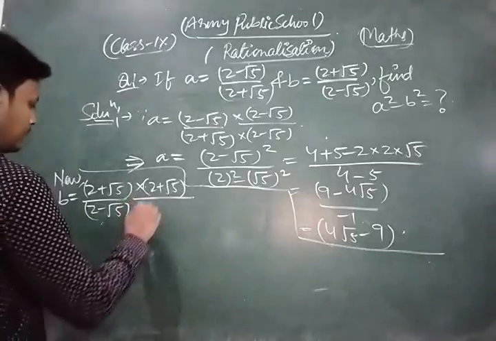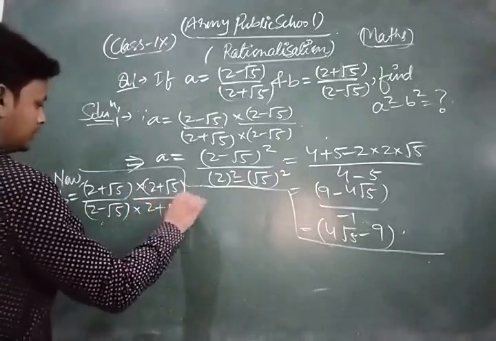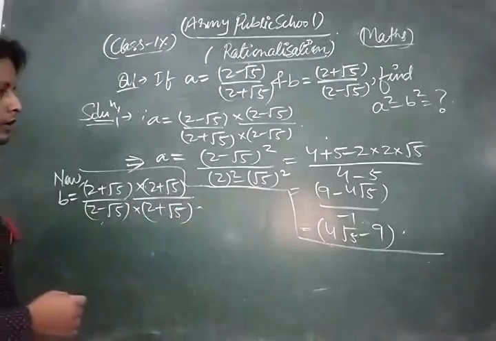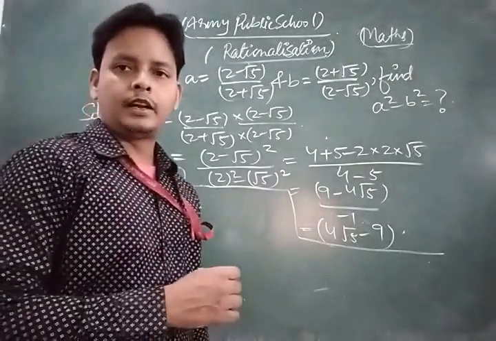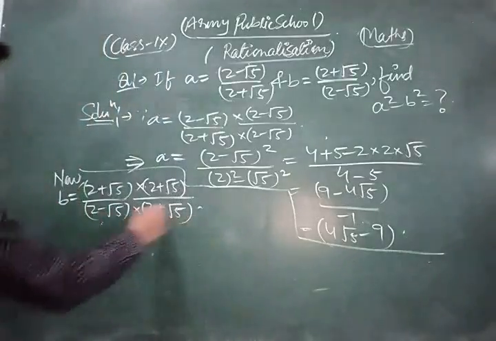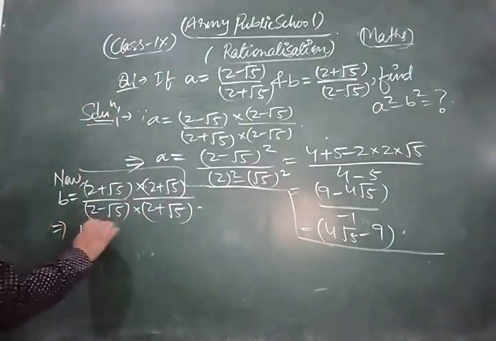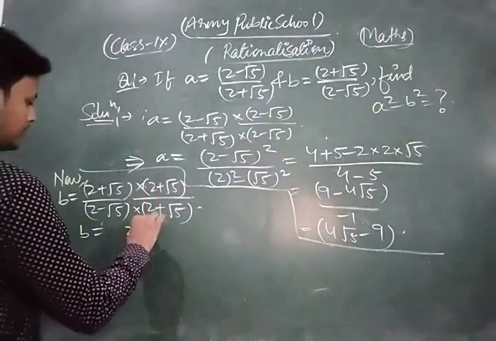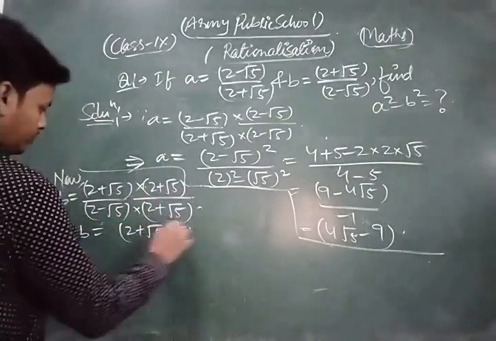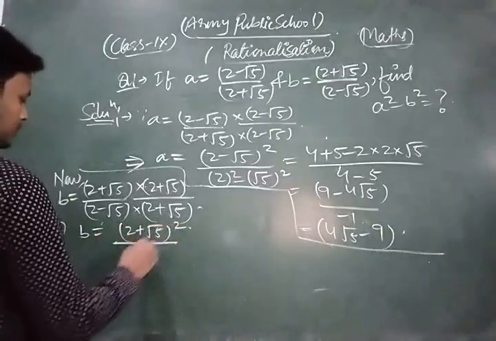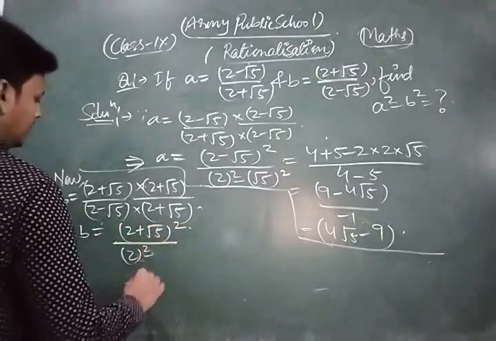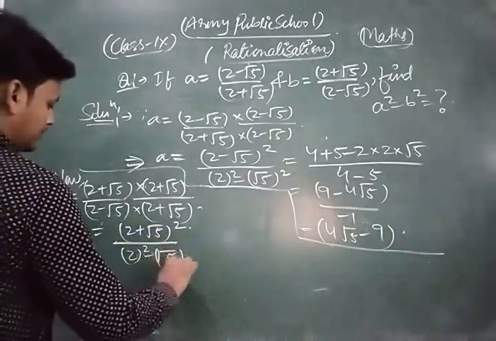So b is equal to 2 plus root 5 whole square upon a minus b into a plus b, that is a square minus b square.